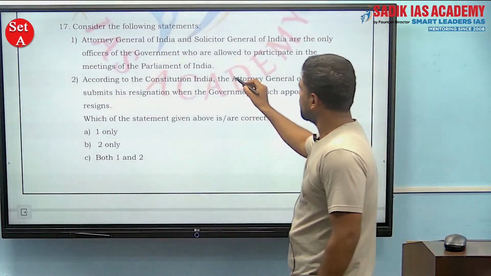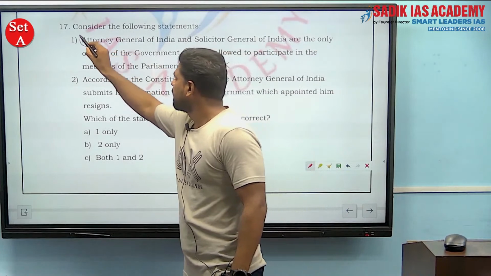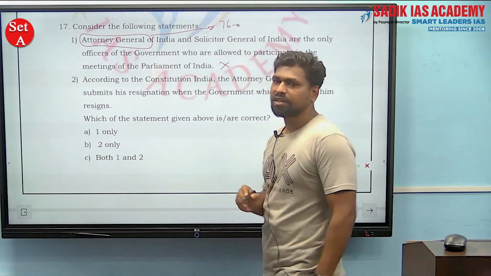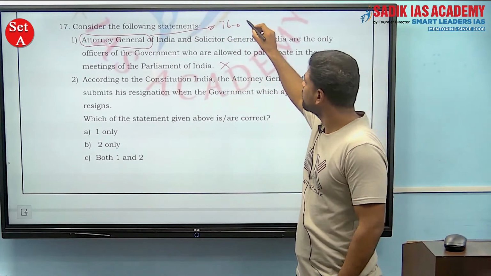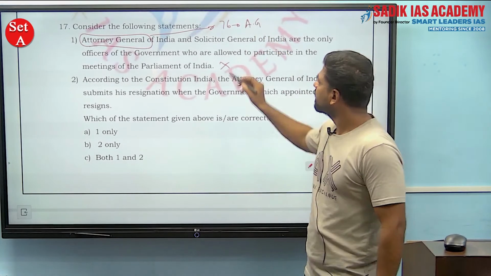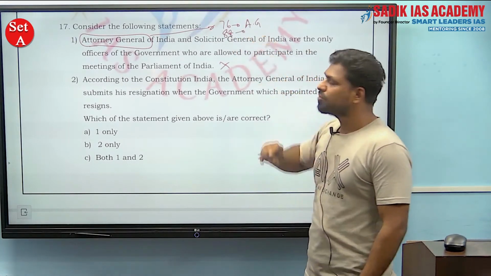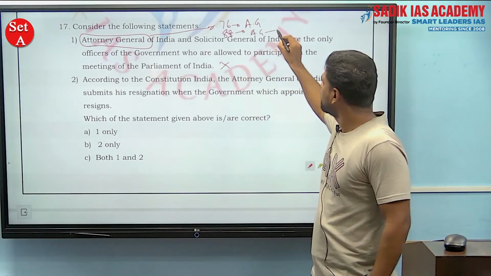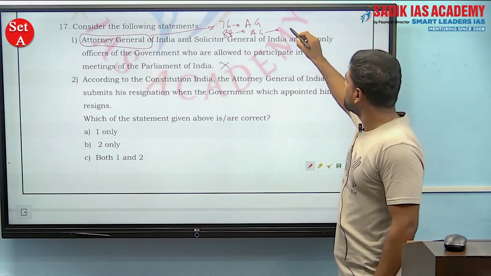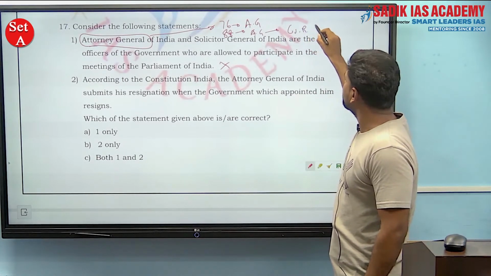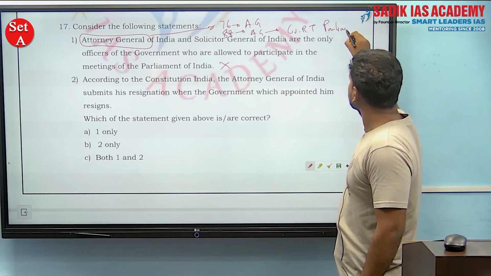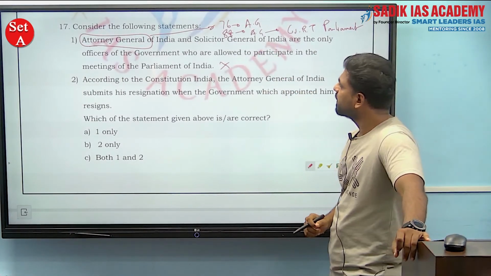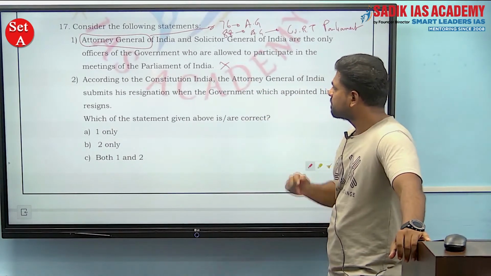This statement is wrong because Article 76 only provides for the position of Attorney General, and under Article 88 the Constitution gives the exclusive right to the Attorney General to participate in the meetings of Parliament. So the relevant constitutional articles are Article 76 and Article 88. Therefore, statement 1 is wrong.